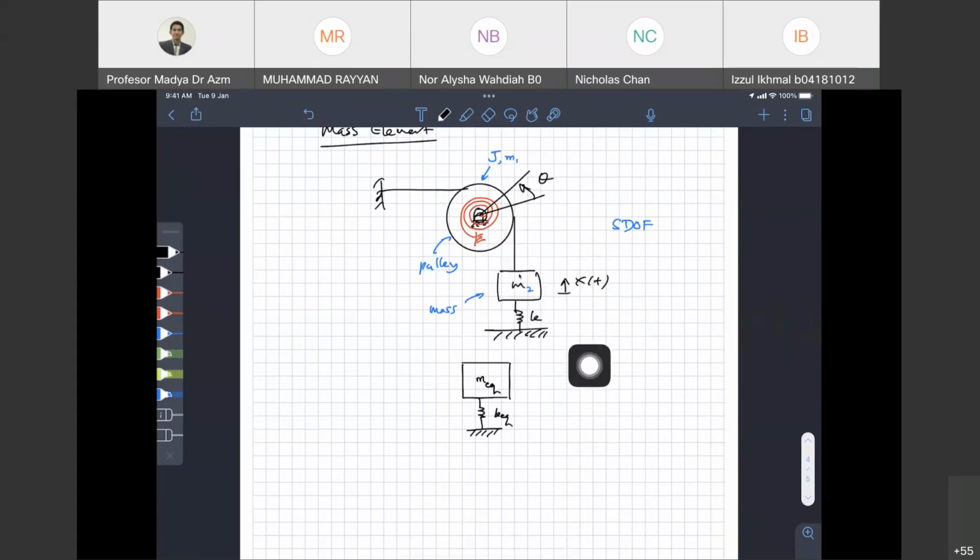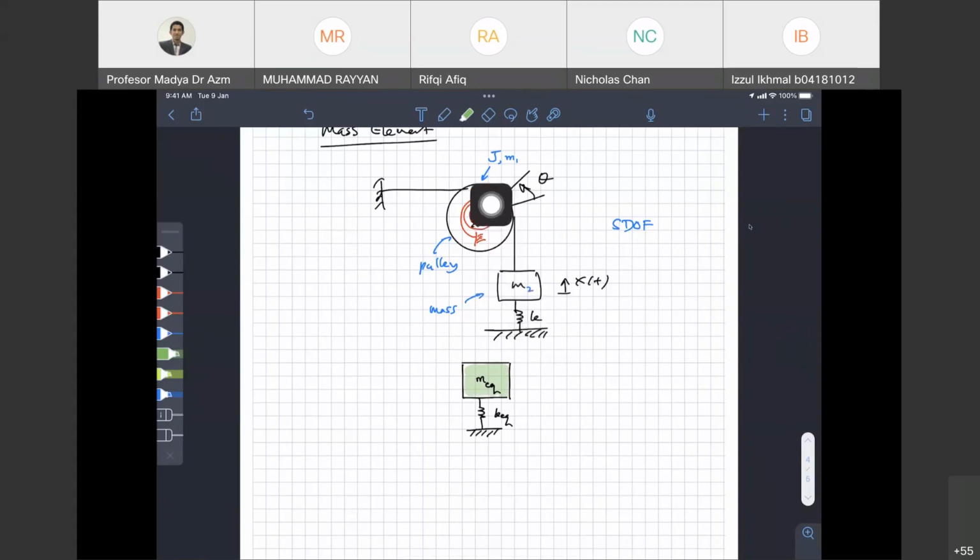How many element of stiffness here? Ricky, how many element of stiffness? Satu. Mana je? Ya, spring. Spring ni.